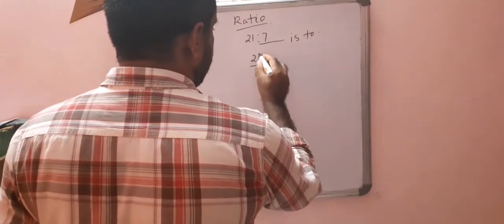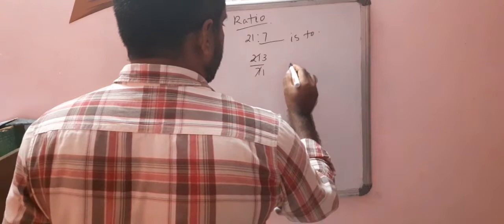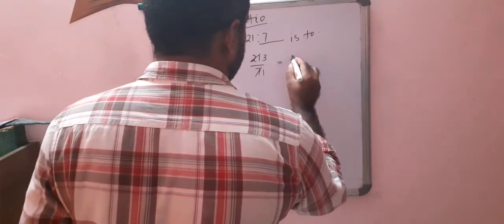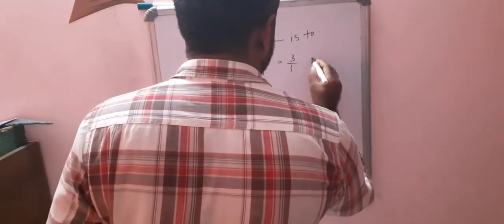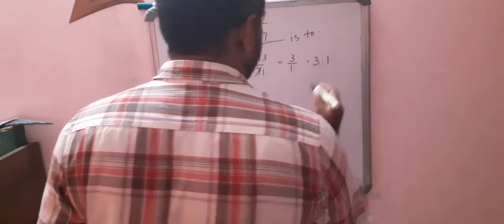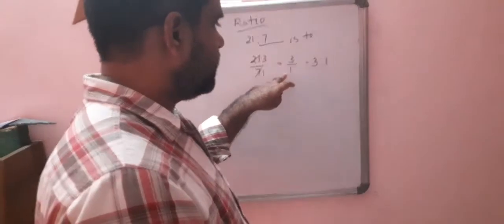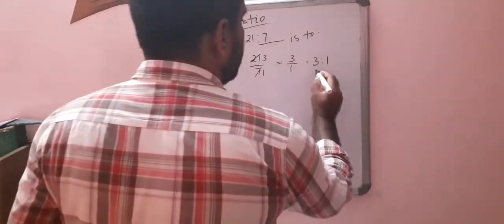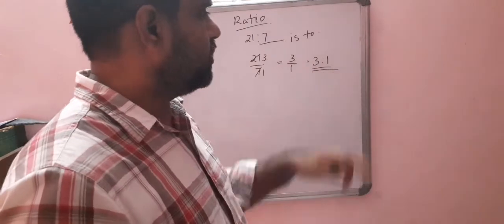Here it is 1. Then you divide here using 7, 3. So which is equal to 3 by 1, which we can write as 3 is to 1. So what we did here is we simplified 21 by 7 to its smallest form, and then wrote the ratio here. So 21 is to 7 is equivalent to 3 is to 1.